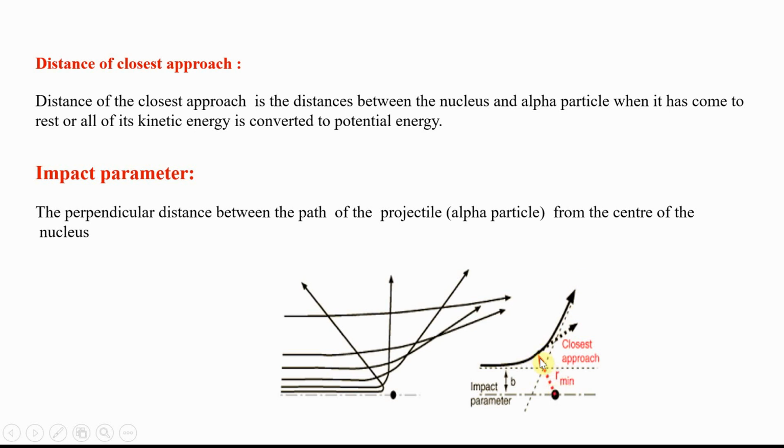So that R minimum is the distance of closest approach, and the perpendicular distance of the alpha particle's original line from the nucleus is represented as b, that is known as the impact parameter. Mathematically we can calculate the expression for that impact parameter, but there is no need. You have to know only the basic ideas.